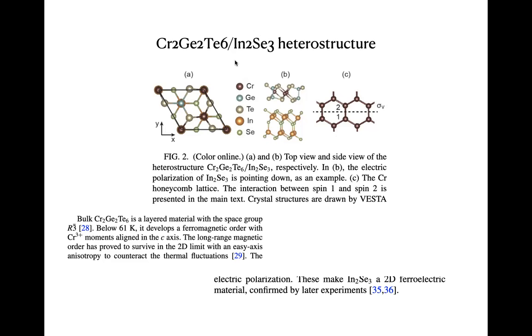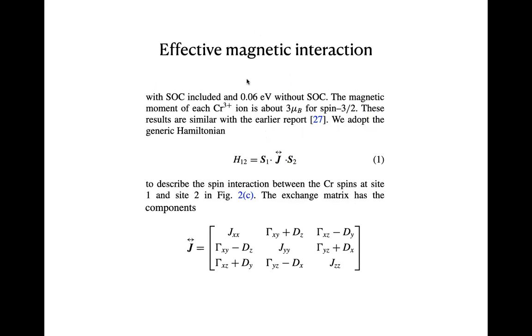In this interface, the chromium is the magnetic ion, and the indium 2 selenium 3 provides the ferroelectric order. So here we work out the effective interaction between the chromium local moments.